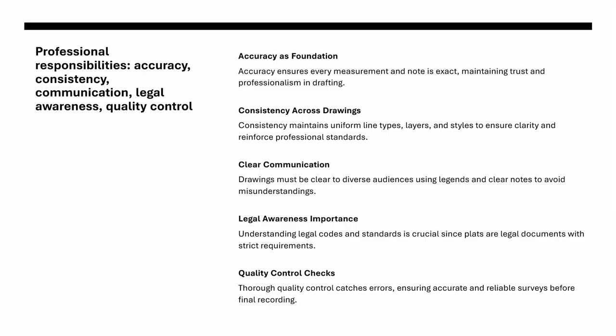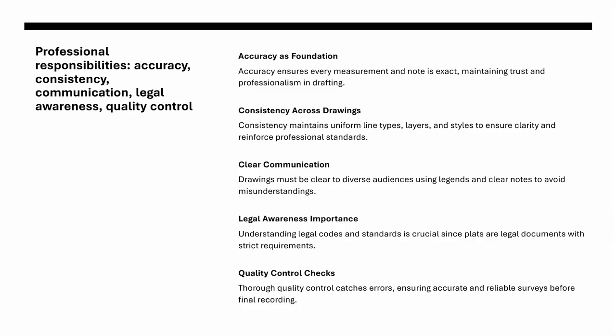Accuracy means that every bearing, every distance, every curve, and every note must be exact. If you transpose a number or reverse a bearing, you've destroyed trust in the survey. Accuracy is not just matching the field notes. It is also about faithfully representing evidence.